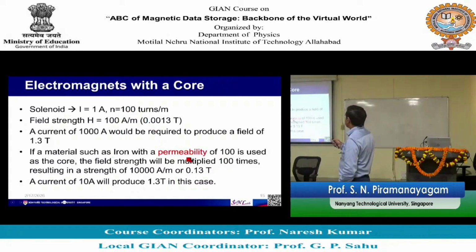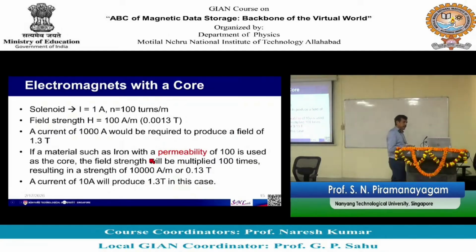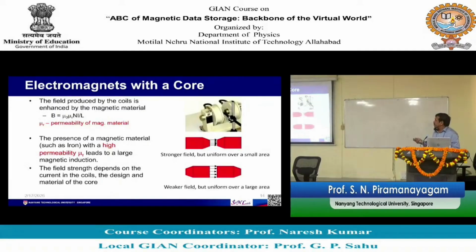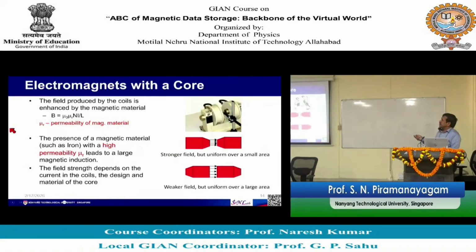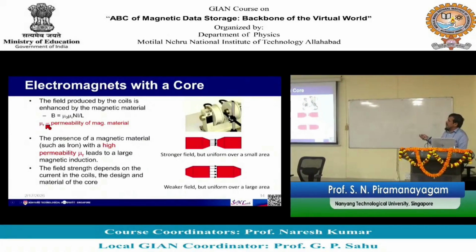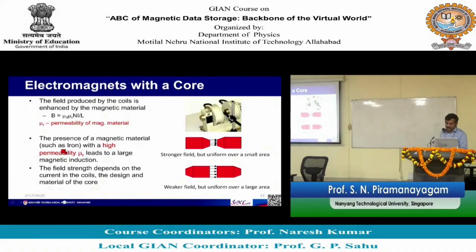So you will get 1.3 Tesla with a current of just 10 ampere. So you can see what the ferromagnet that you insert here does. It amplifies the magnetic field by a factor related to the permeability of the magnetic material.